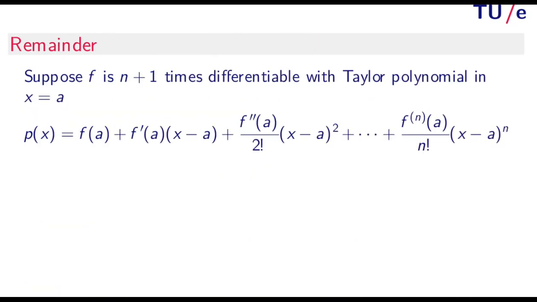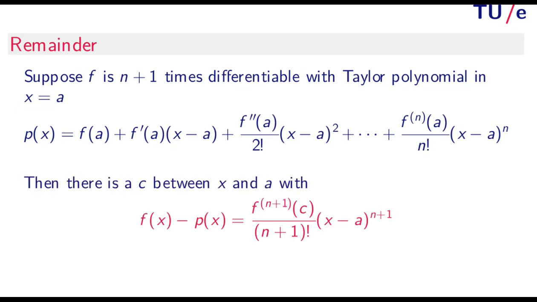Suppose now we have a function f, and this function is at least n plus 1 times differentiable and has a Taylor polynomial in a given by the standard formula for p of x: f of a plus the first derivative of f at a times x minus a, up to the nth derivative of f at a divided by n factorial times x minus a to the power n.